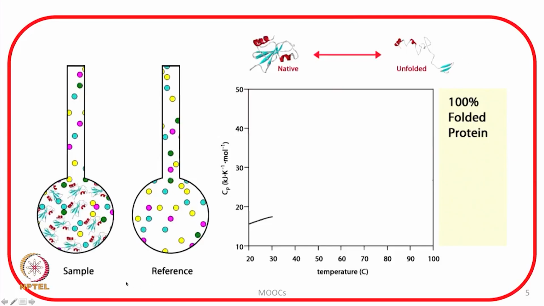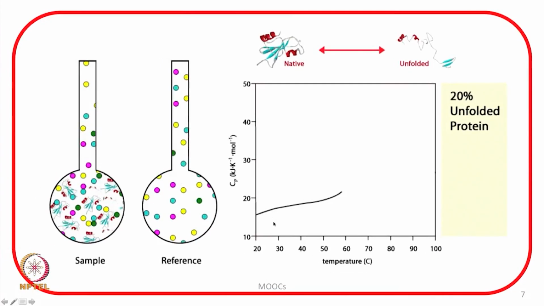So, what you do in differential scanning calorimetry is start heating. You heat both the sample and reference cell at a constant scan rate. Last time we discussed that what you monitor is power, and power can be converted to heat capacity, and here you are plotting heat capacity as a function of temperature. When you start heating, we start getting the change in power or heat capacity.